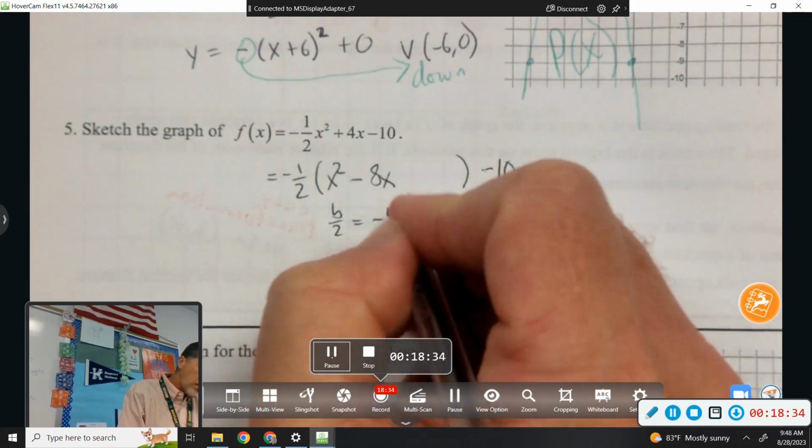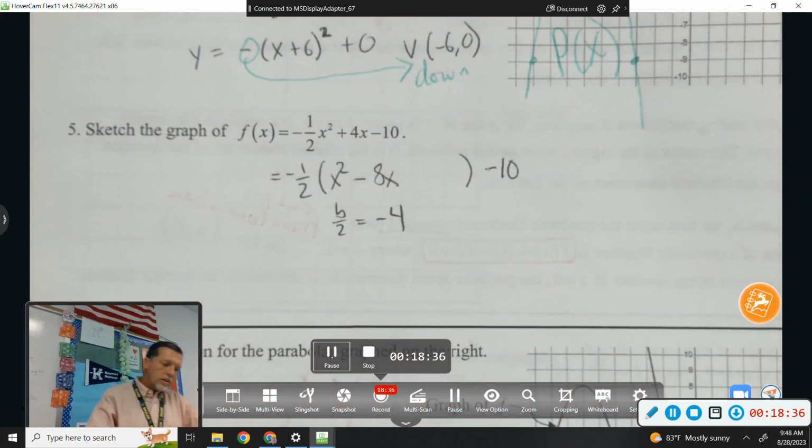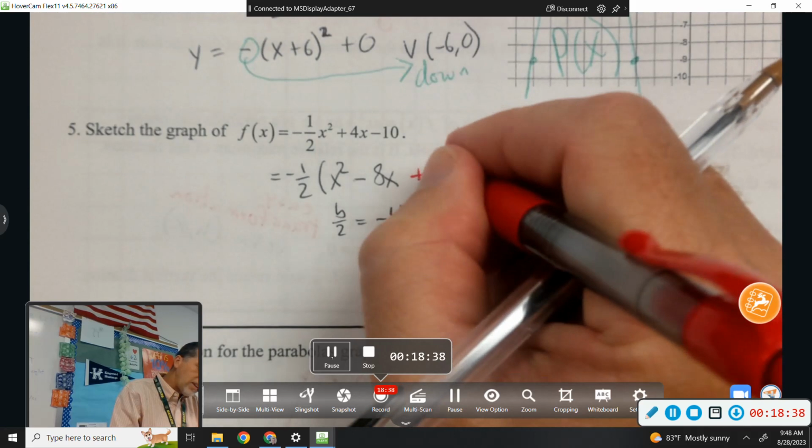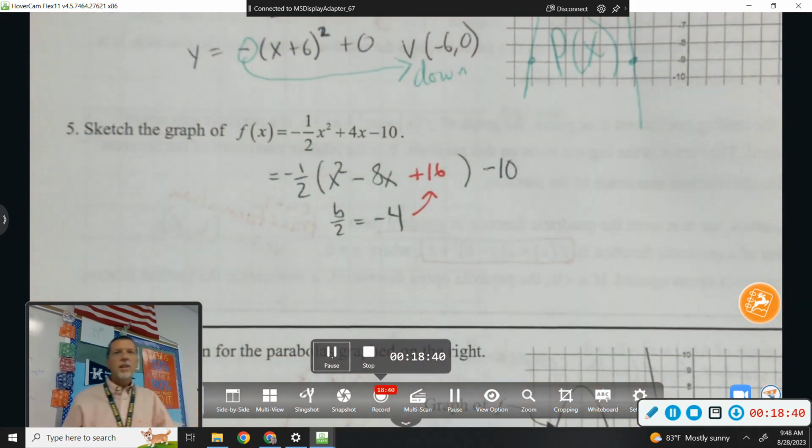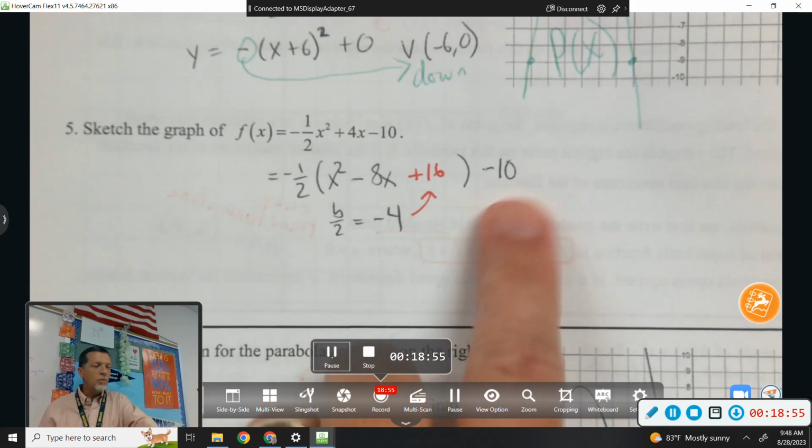Right. B over 2 is negative 4. We square that, we get 16. But I wrote plus 16, but I really subtracted. What did I really subtract? 8. So I wrote plus 16. What do I need to write out here to counter what I just did?